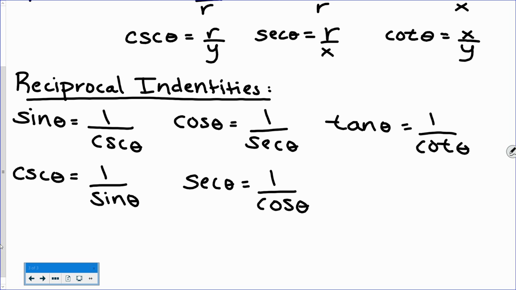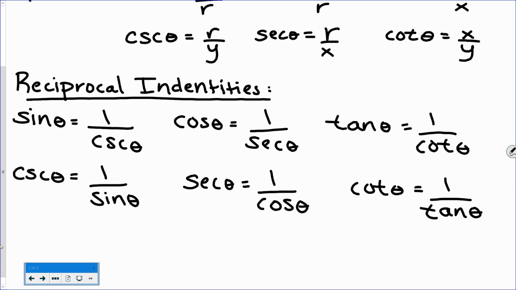And then the last one, cotangent of theta, we would rewrite as 1 over tangent of theta. You'll be asked to use these reciprocal identities to help you out or rewrite things as we go into further lessons here. And the higher levels you go into trigonometry, you'll find there are lots and lots of identities, these little facts, these things that are equal.